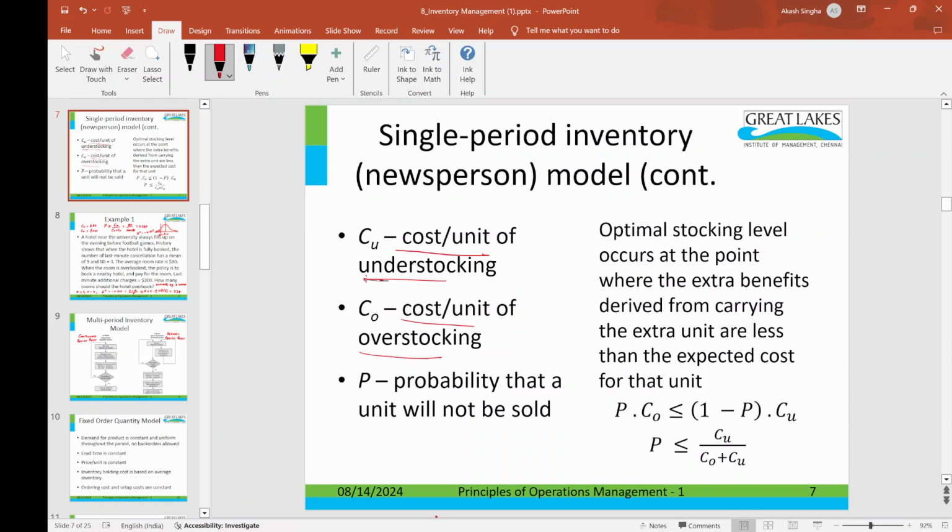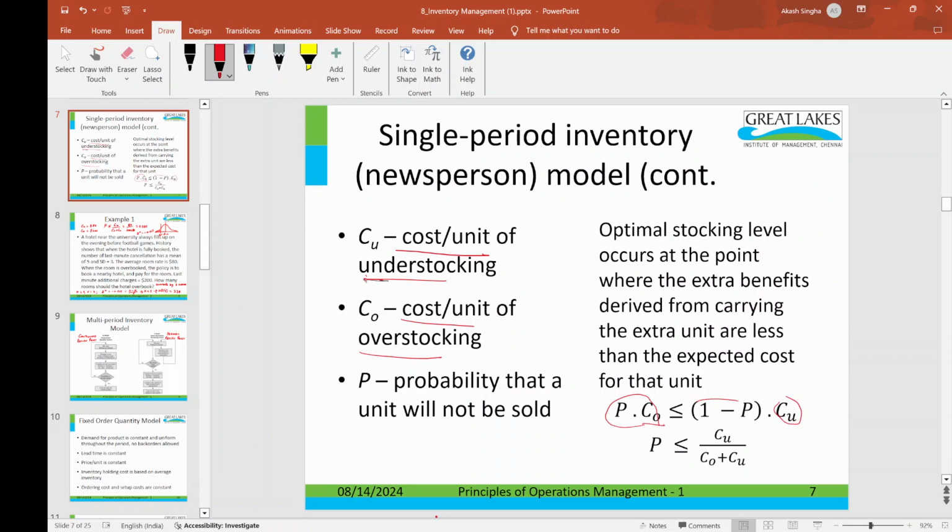So the basic theorem is cost per unit of overstocking into probability that a unit will not be sold should always be lesser than or equals to probability of it being sold into cost of understocking.